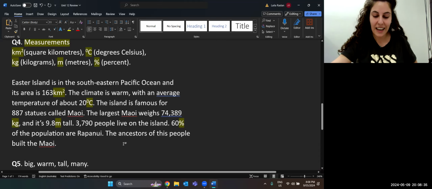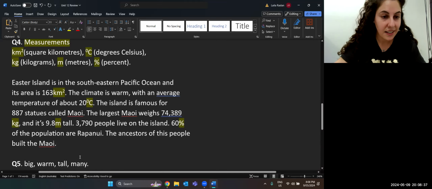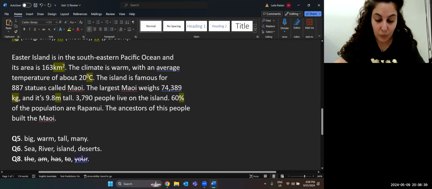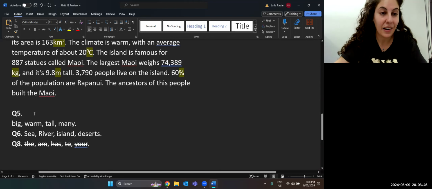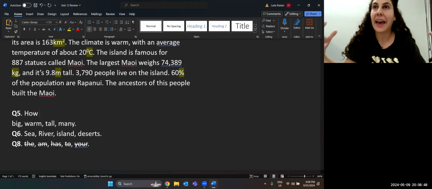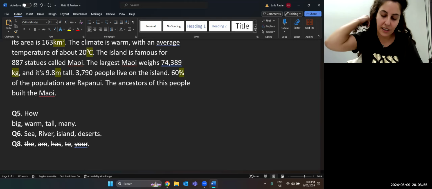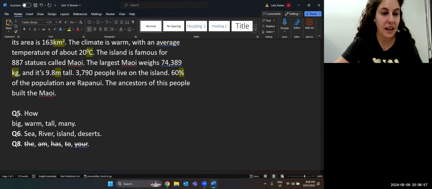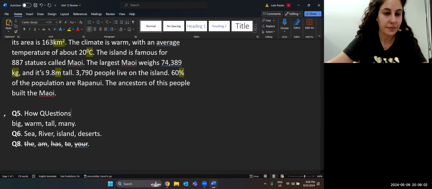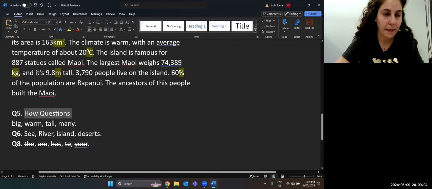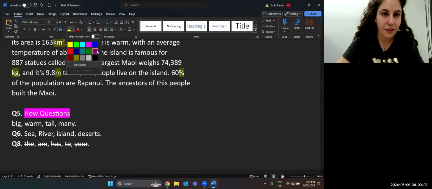Okay, we then looked at some words like big, tall, many, and warm. Because we were looking at questions with how. So if you remember, how is a way that I can use to ask a question. So it depends what I want to know. So this is how questions. Okay, let's have a look at the first one.